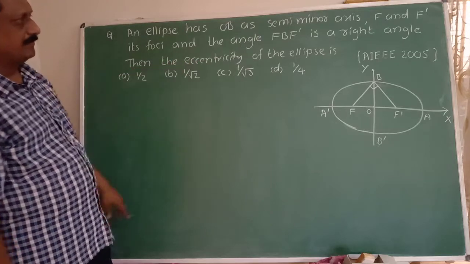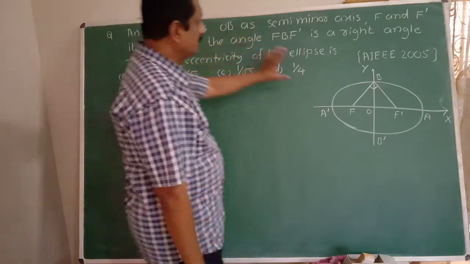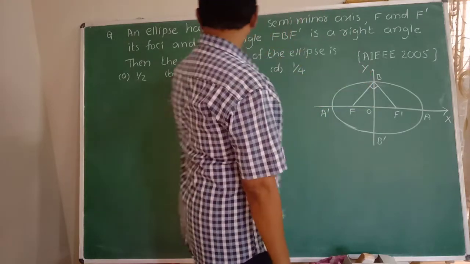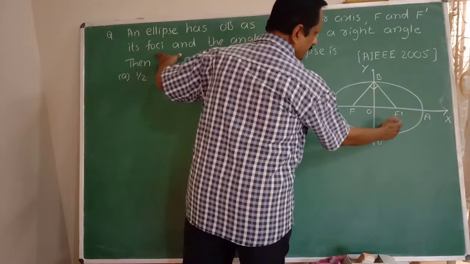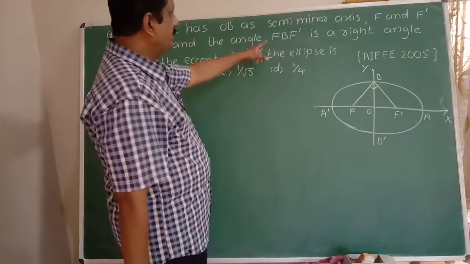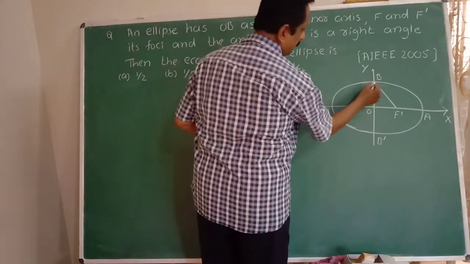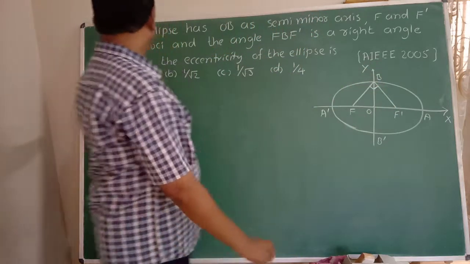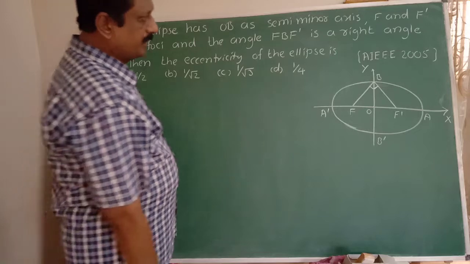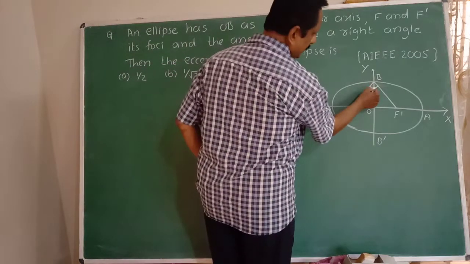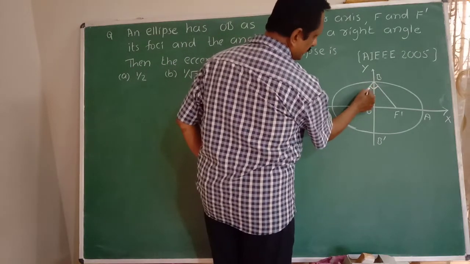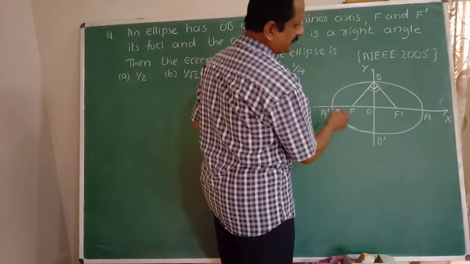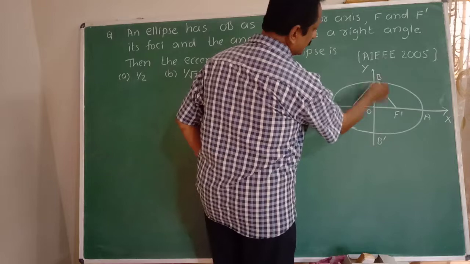Here they have already given OB as the semi-minor axis, F and F dash are the foci, and angle FBF dash is 90 degrees. If this angle is 90 degrees, then obviously separately this angle is 45 degrees and this angle is also 45 degrees.